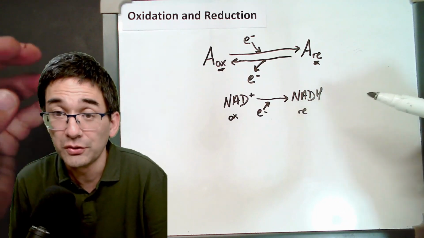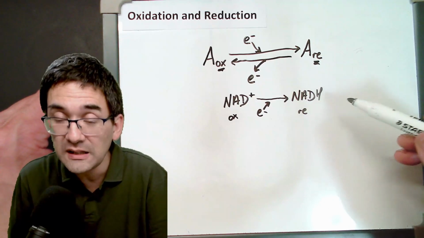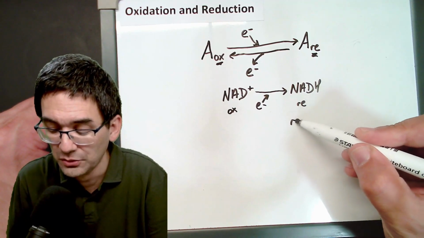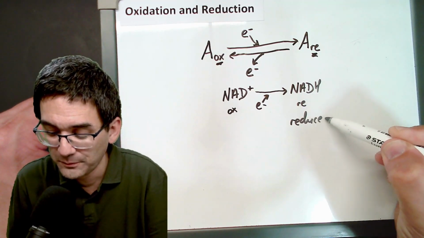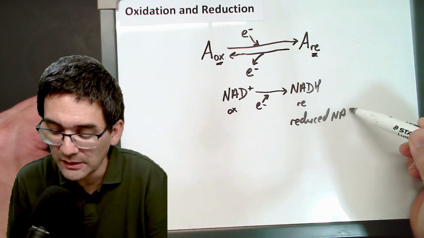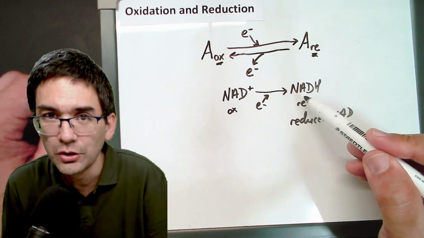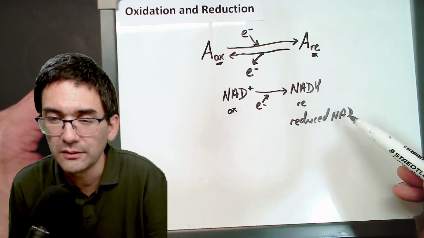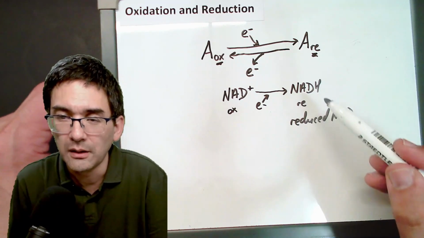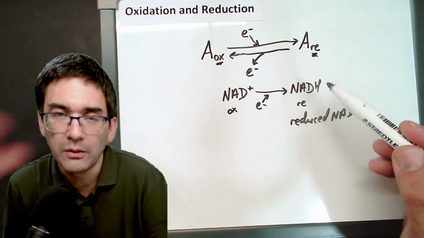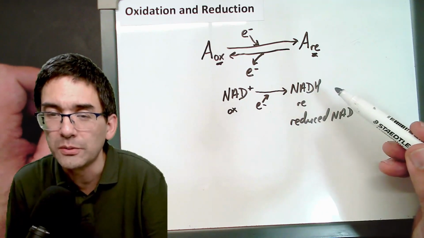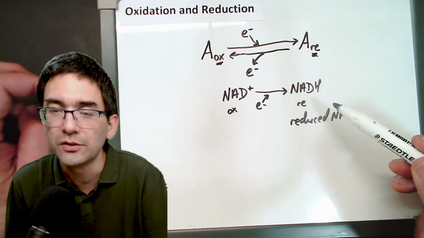So some people also write it differently. They don't write NADH, but they say reduced NAD. Now I don't like using this, because reduced NAD is the same as NADH, but it's much more to write. I prefer always using NADH because it's clear that it is the reduced form.